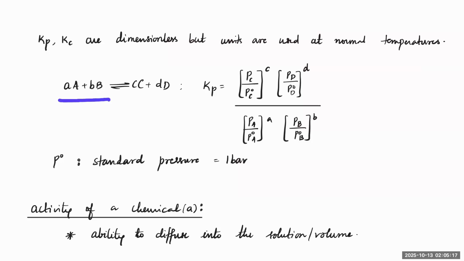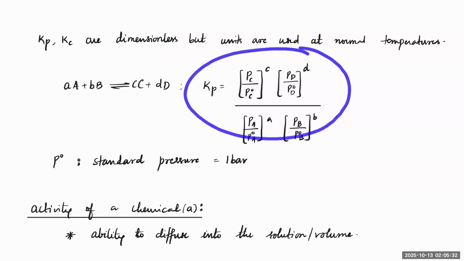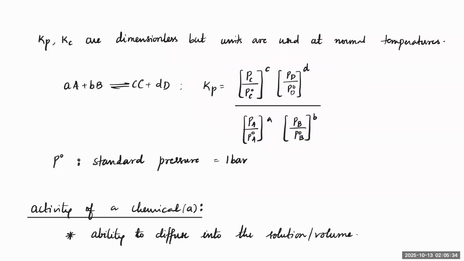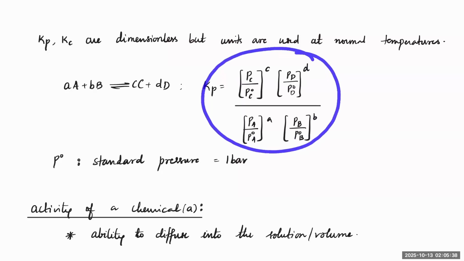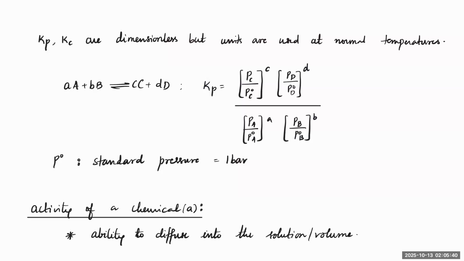So for A plus B giving C plus D, Kp is supposed to be Pc raised to power of C, Pd raised to power of D, over Pa raised to power of A and Pb raised to power of B, correct? But for that, you will get some dimensions. In this case, when I write in terms of standard pressure or standard concentration, they are divided by their pressures in their standard form.